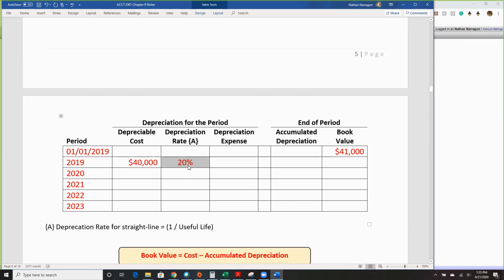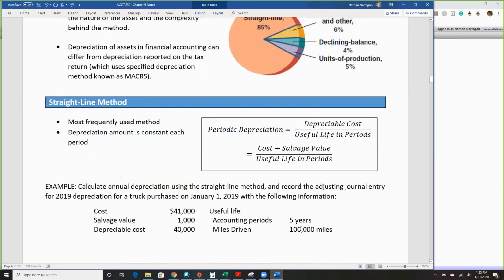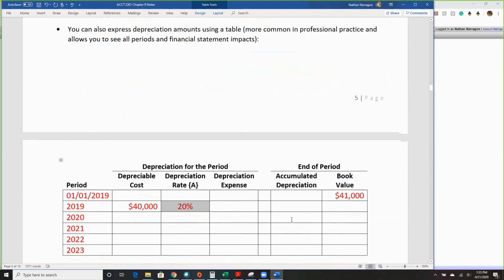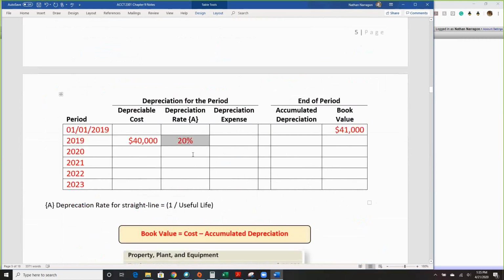Now, we figure out the rate by taking 1 and divide it by the useful life of the asset, which happens to be good old 5 years. Again, so 1 divided by 5 equals 20%, or 0.2 if you want to put in decimal. Okay? So this will calculate out to $8,000.